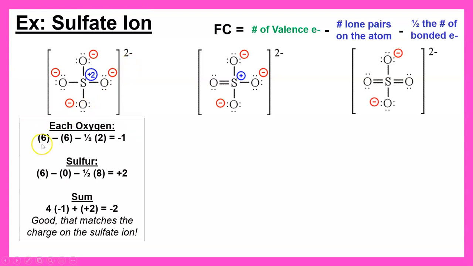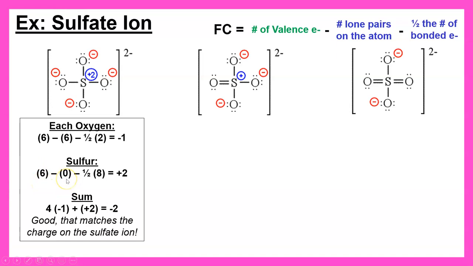So let's go through that. We had 6 valence electrons that oxygen should have. There were 6 lone pairs, and it got 1 electron from this bond. The sulfur should have 6 valence electrons.